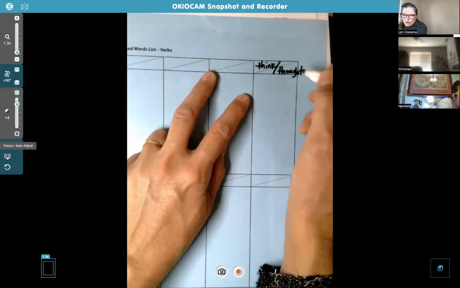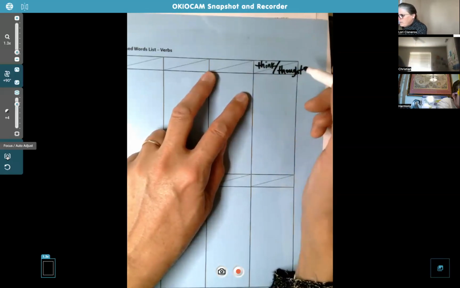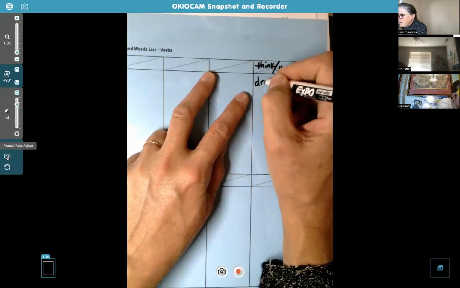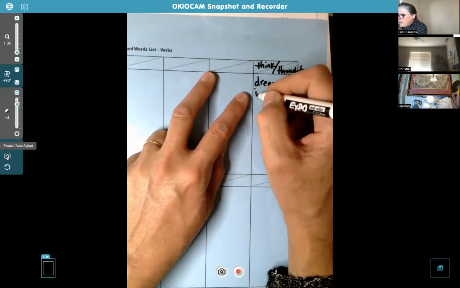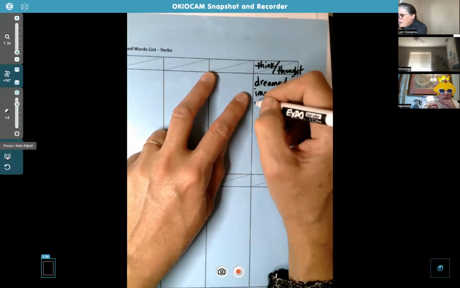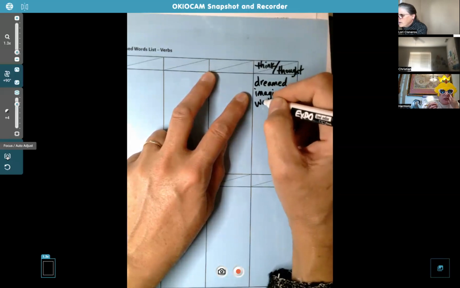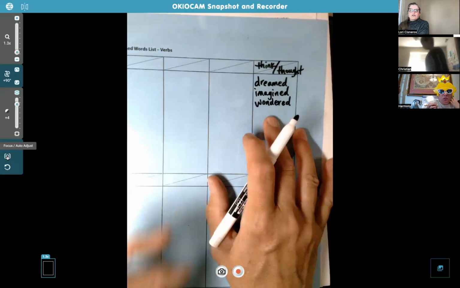So another word rather than think or thought, because we tend to say thought a lot, maybe dreamed or imagined. Wondered. Oh yeah, wondered. I wonder. And these are all past tense. That was a good one.